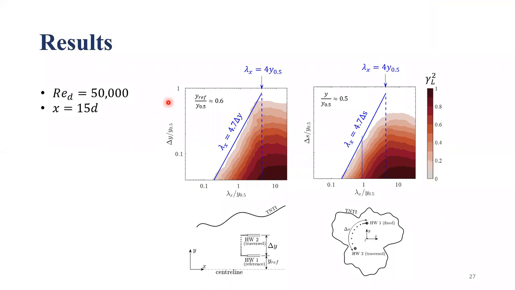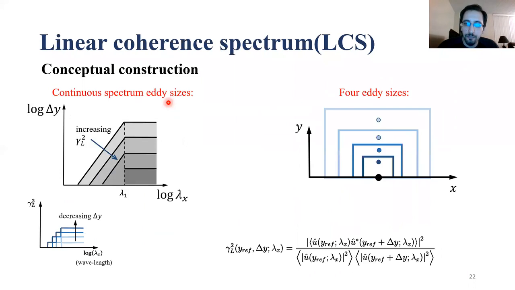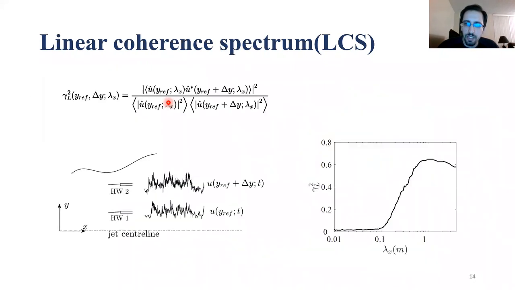And the second one is, how well does Taylor's frozen turbulence hypothesis hold in jet flow? I didn't test it. I could test it using the DNS data that I have, but I trusted the paper by Matsuda et al.